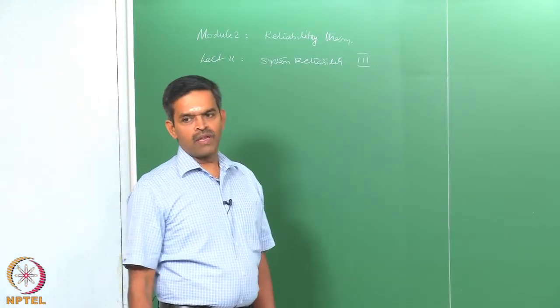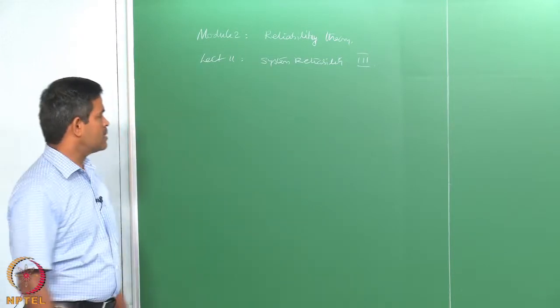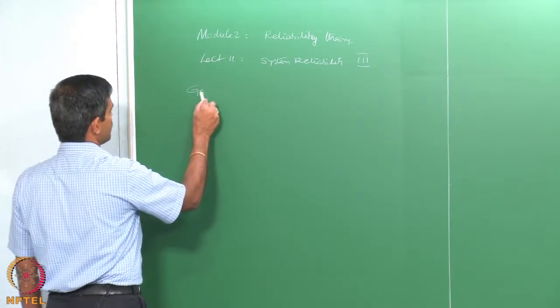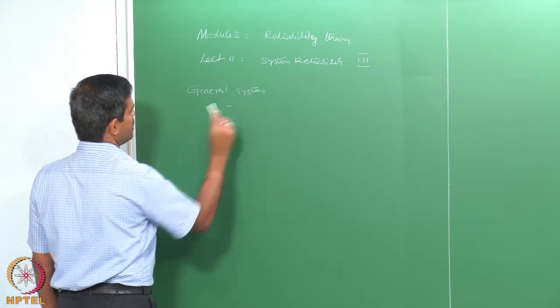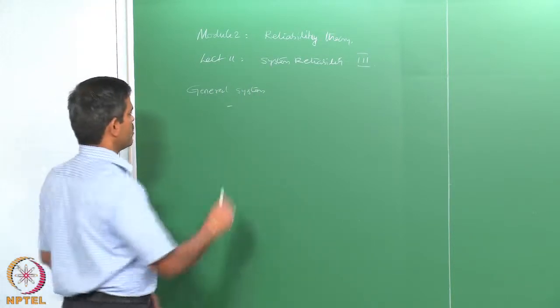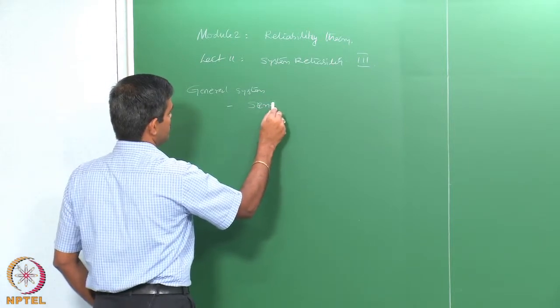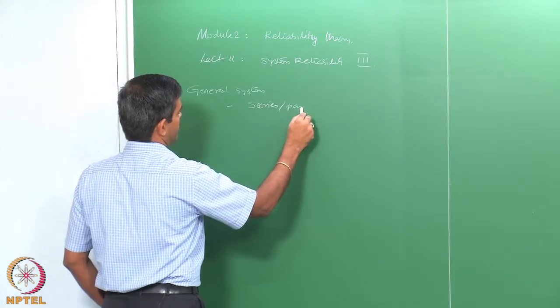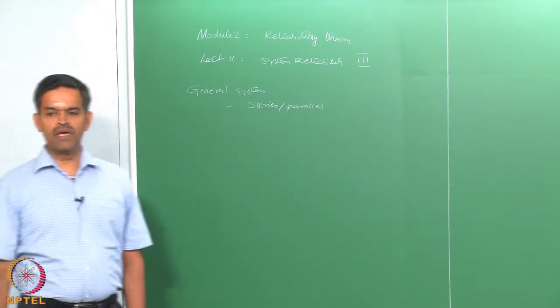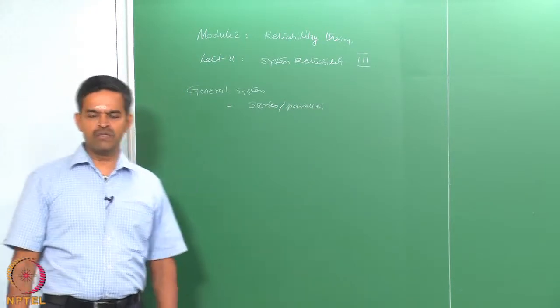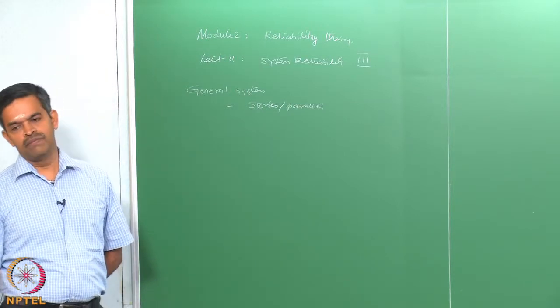In the last lecture, if you remember and recollect, we discussed general systems, and we said it is actually a combination of system in series and system in parallel. Series systems are those systems where if any one component fails, system failure is certain.